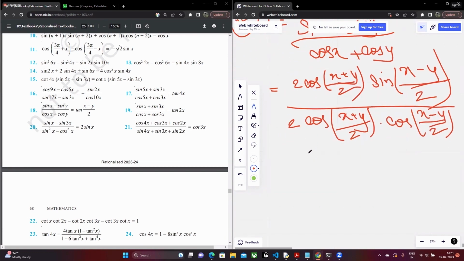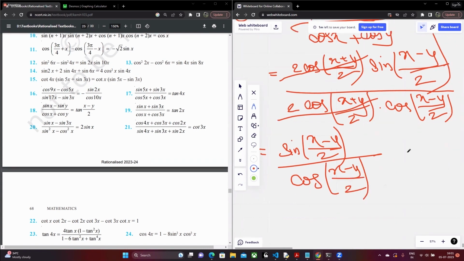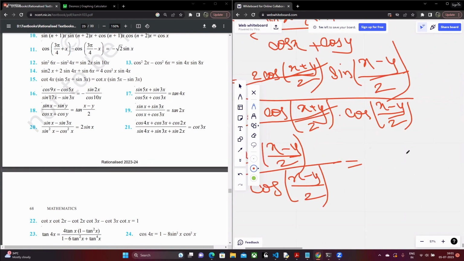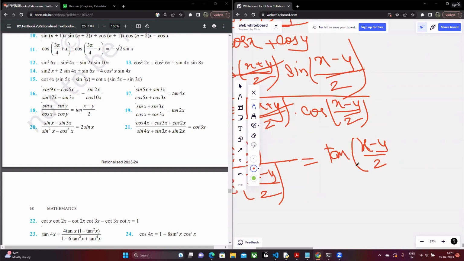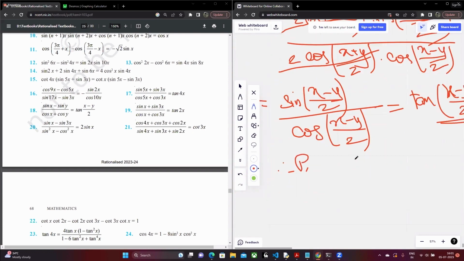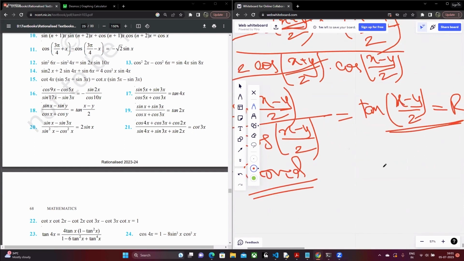And you are basically left with sine of (x minus y) divided by 2 divided by cos of (x minus y) divided by 2, which is equal to tan of (x minus y) divided by 2, which is basically equal to the right hand side. Since LHS is equal to the RHS, the expression is proved.